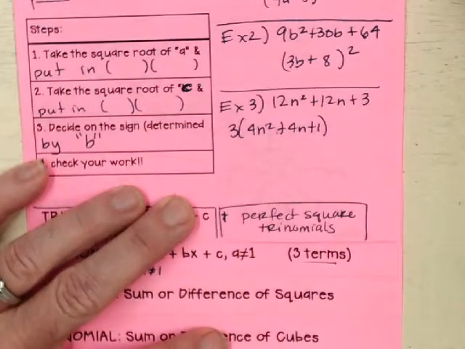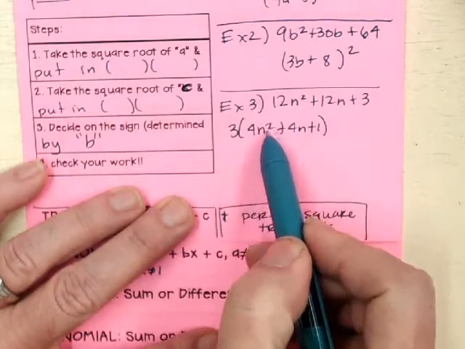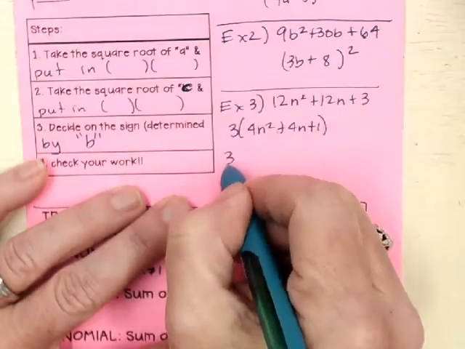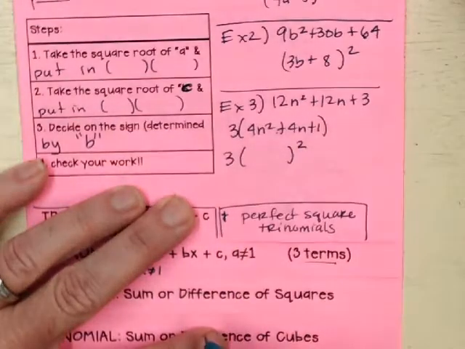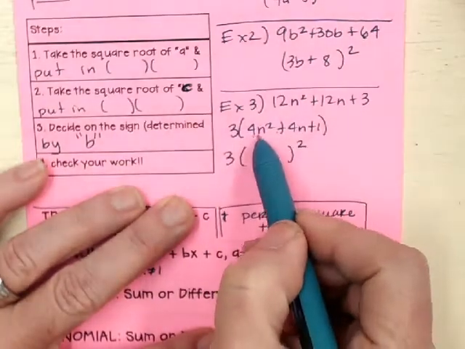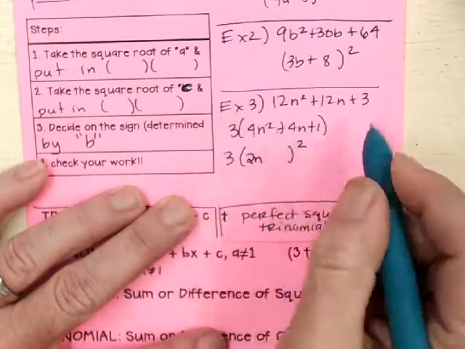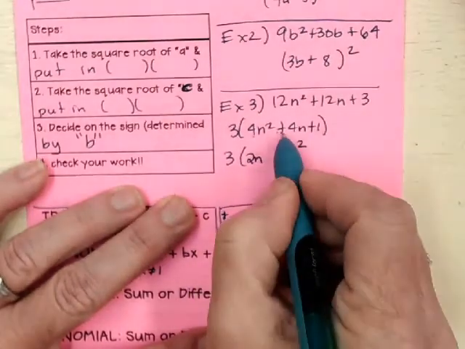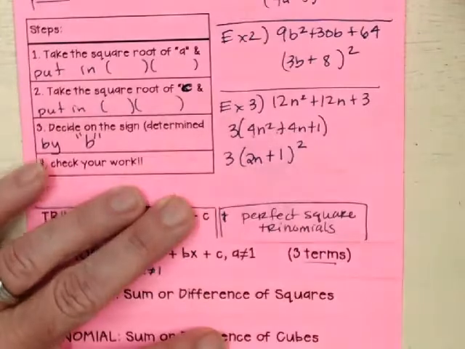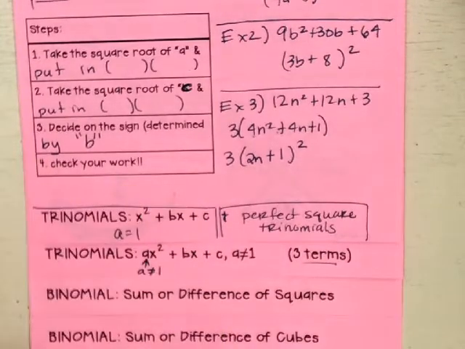Maybe it had a greatest common factor of 3. Now, perfect square? Yes. Perfect square? Yes. So I take the square root of the first term, I take the square root of the last term, and I take the sign of the middle. And that's your answer.